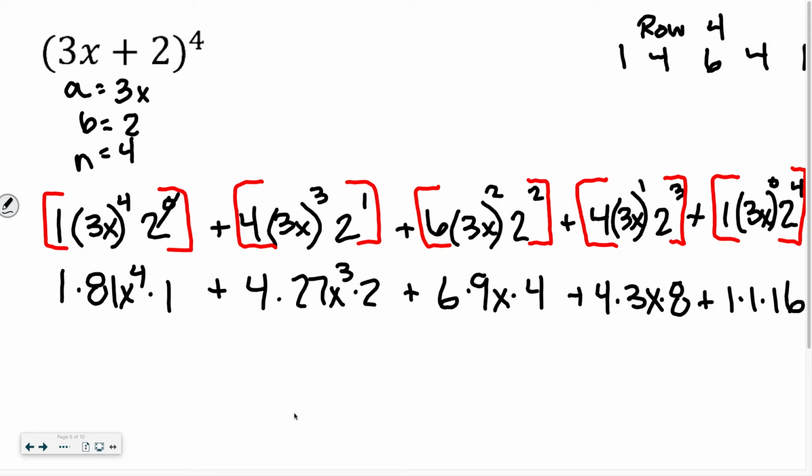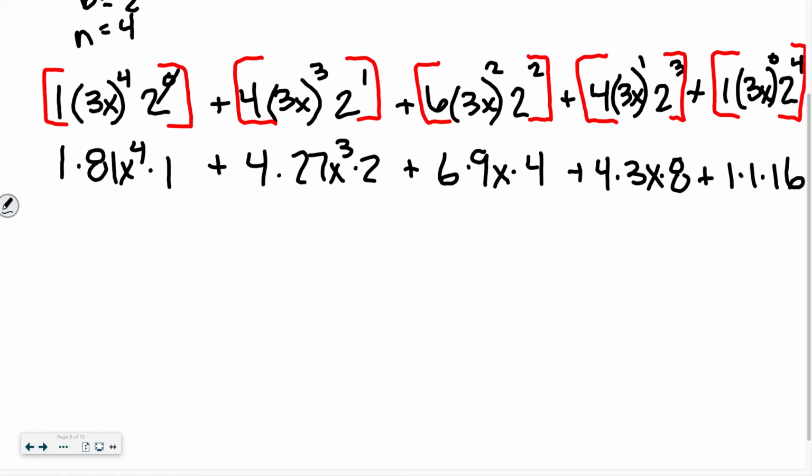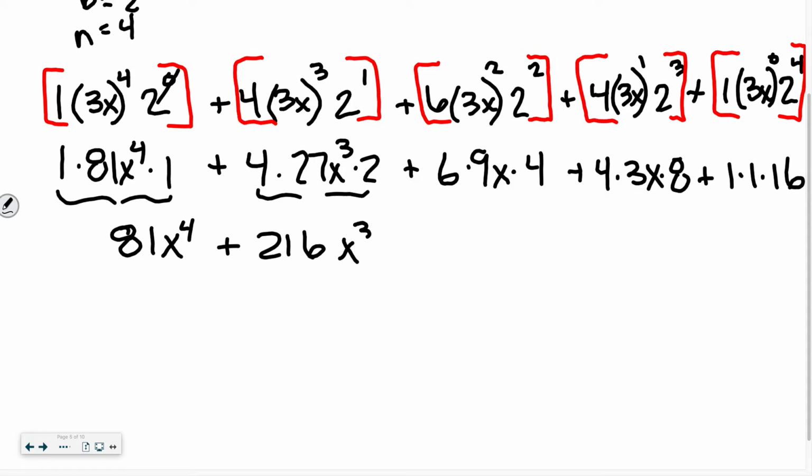Alright. Now I can do my multiplying. This is 81 x to the 4th. Somebody help me out here. 8 times 27? 216 x cubed. This is 50.